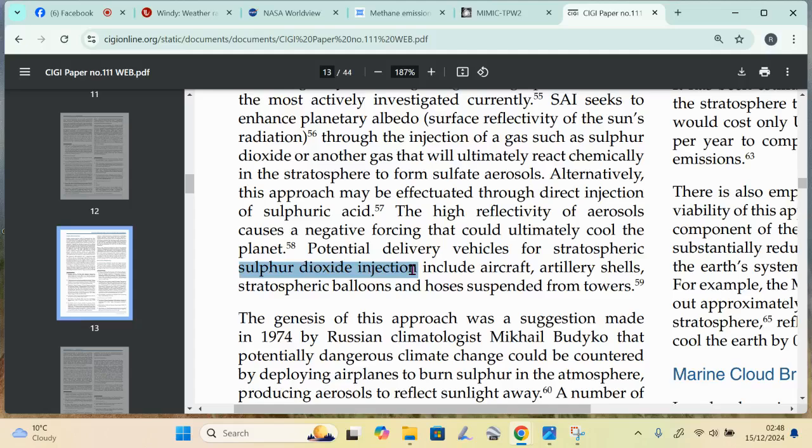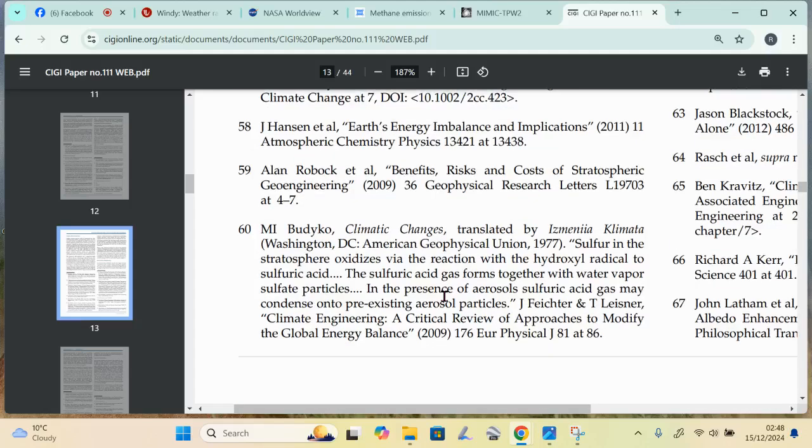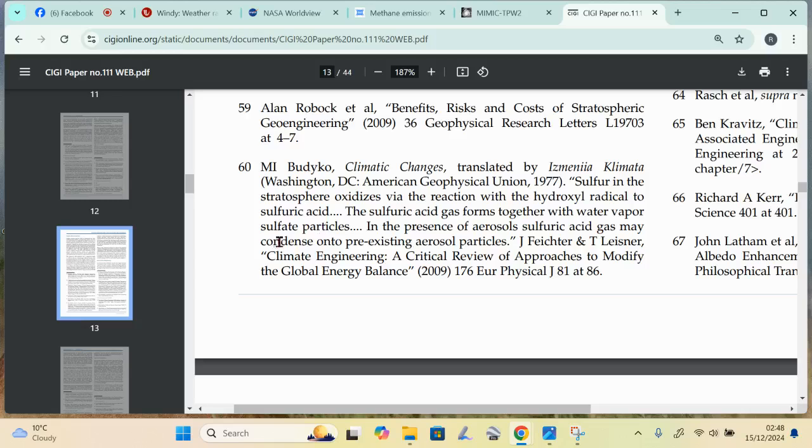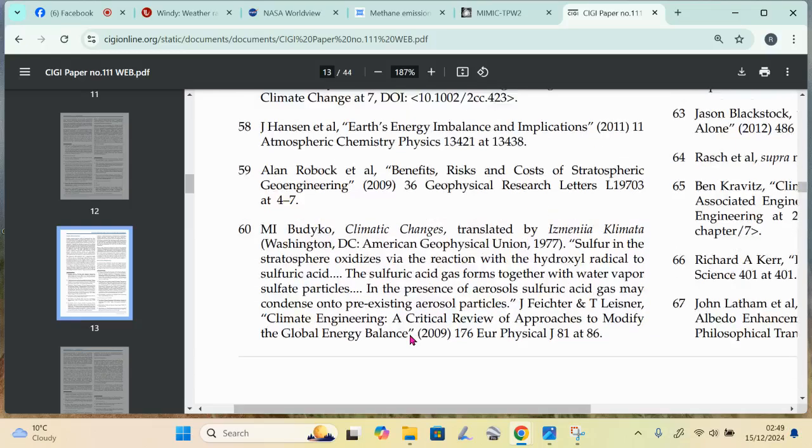They don't say silver iodide. Where does that say that? And let me go down here and read this one here, where it talks about the injection, sulfuric acid gas will condense onto pre-existing aerosol particles, right, pre-existing. So they have to put something in the sky for it to condense on, right?